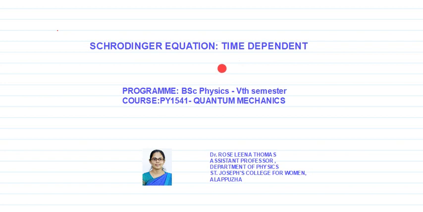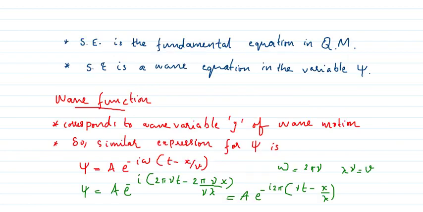Now, the Schrodinger equation is the fundamental equation of quantum mechanics. It is in the same sense that the second law of motion is a fundamental equation of Newtonian mechanics. Or we can say it is the wave equation in the variable psi.